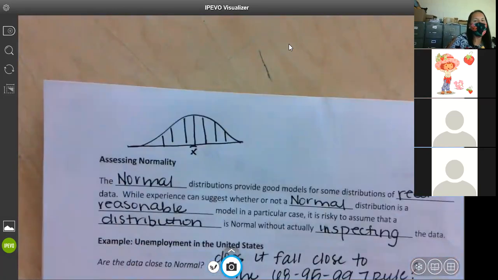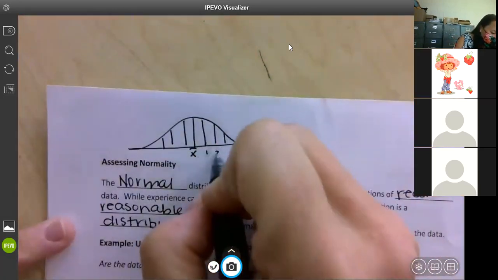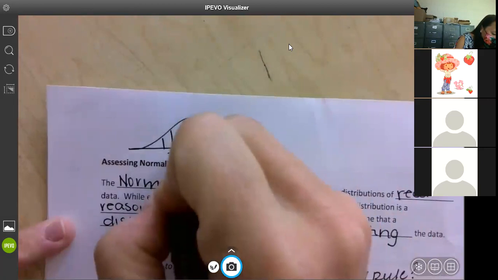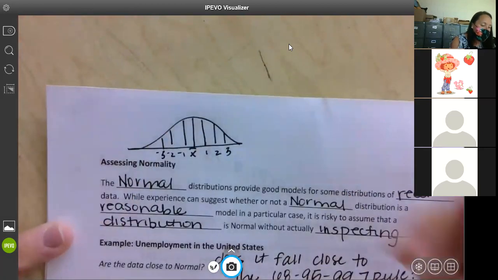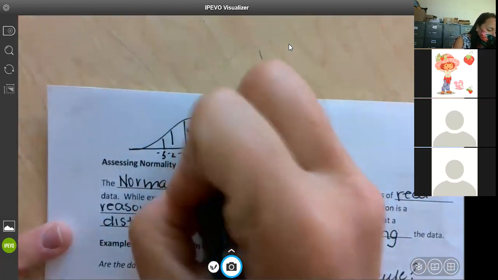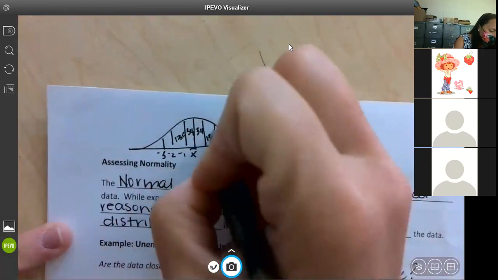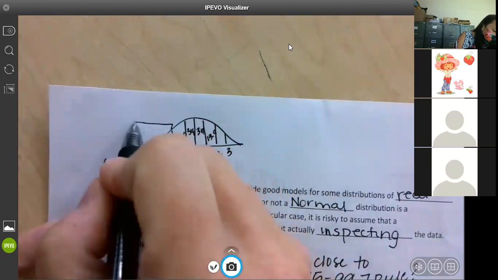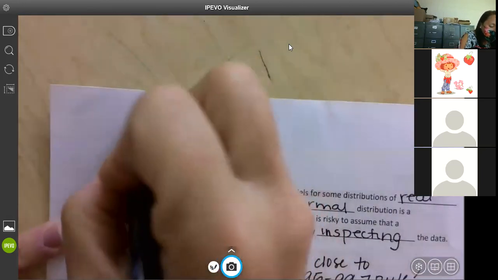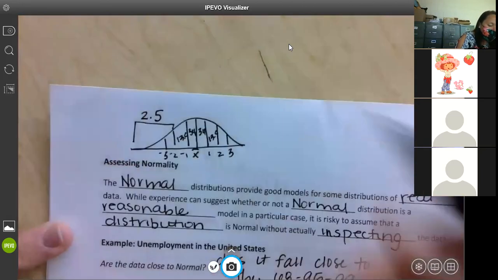So we have 1, 2, 3, -1, -2, -3. Now you have your 34 in here and your 13.5 on either side here. This whole set is 2.5.